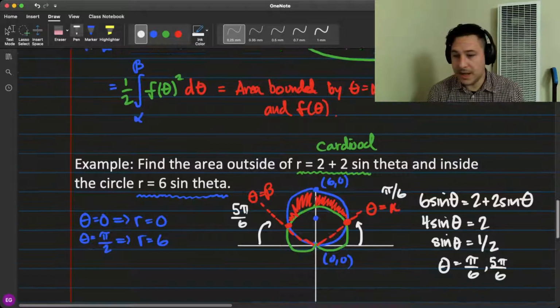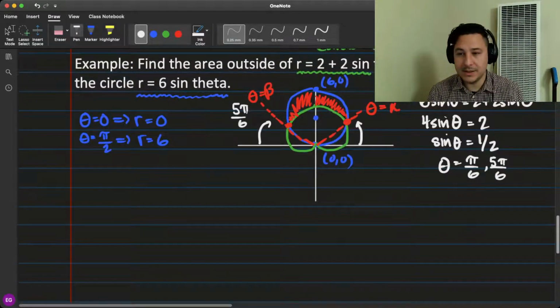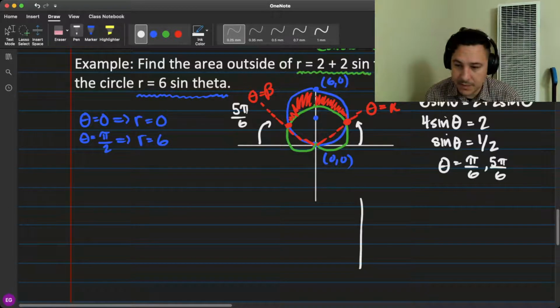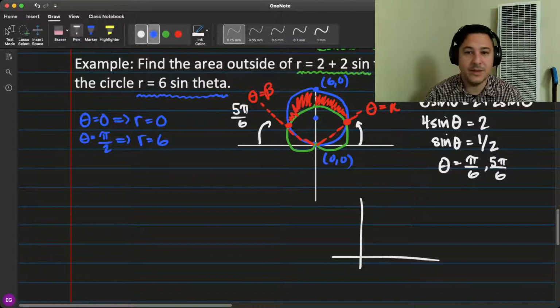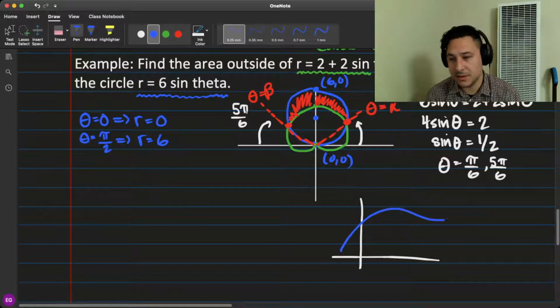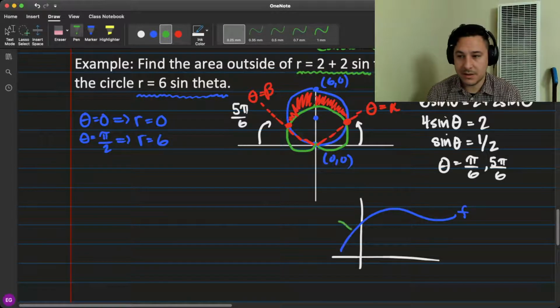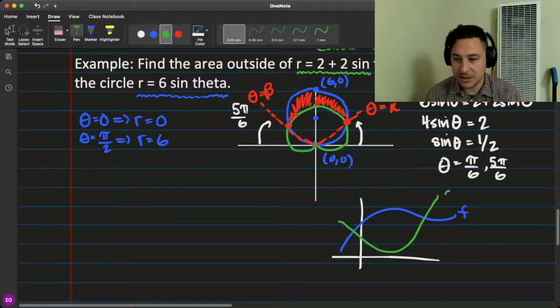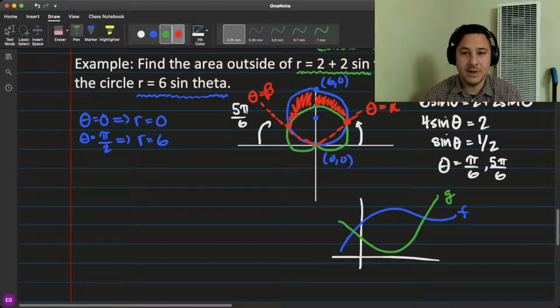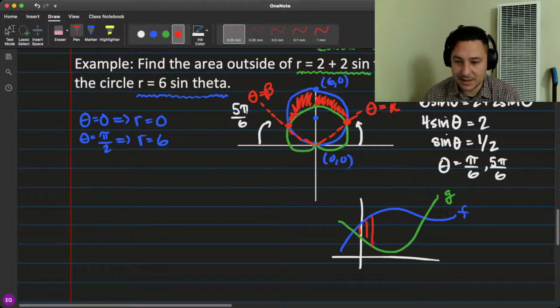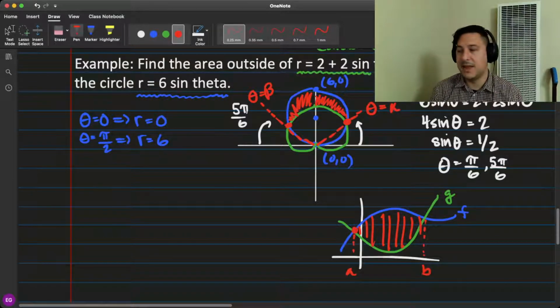Cool. So we can now set this up. Do you remember from 101B, if you have two curves, F and G, and you want to find this region here, and the points of intersection are A and B, what do you need to do to find that region?